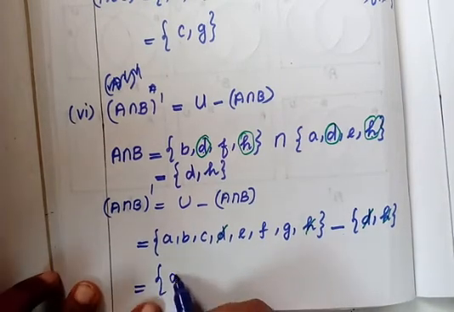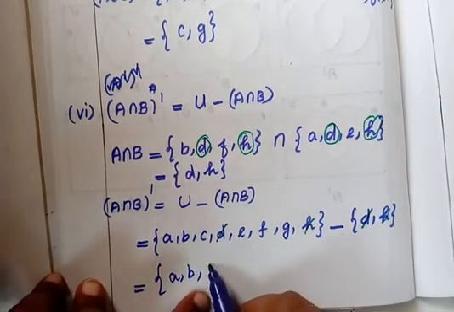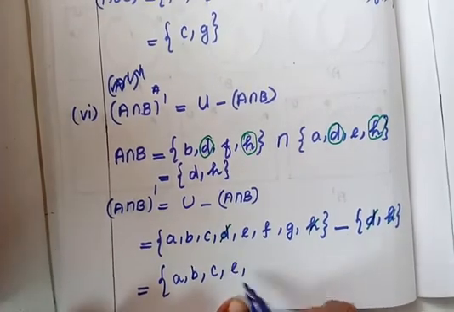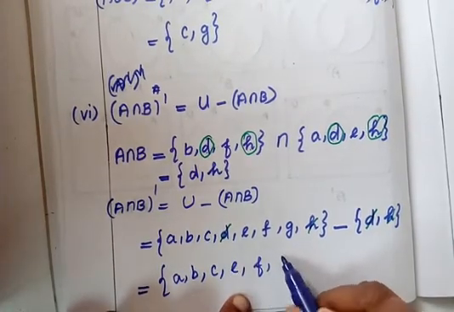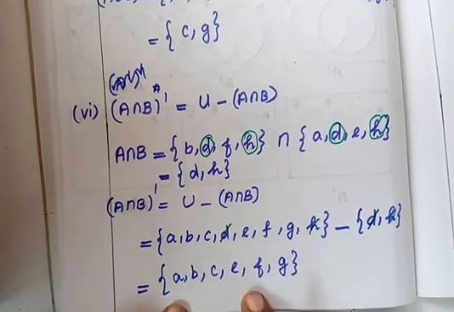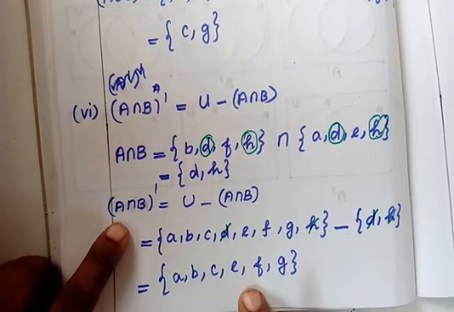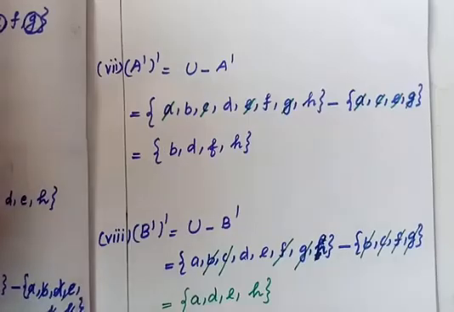A, B, C, E, F, then G are the elements of A intersection B the whole dash.